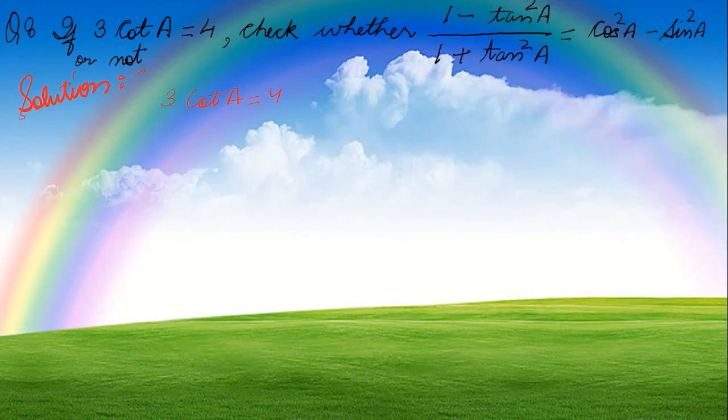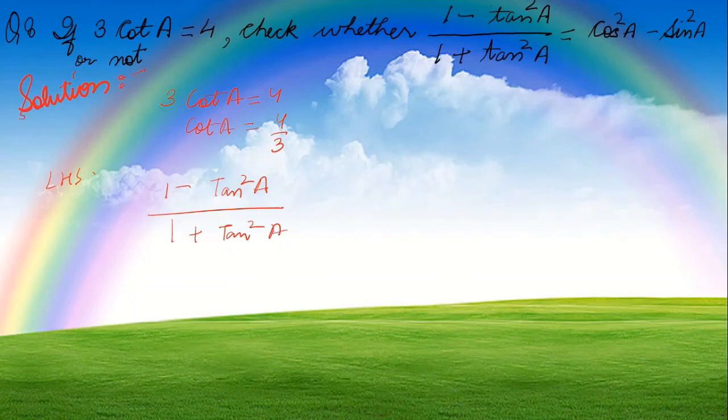Now that means you can write cot A is 4 upon 3. Okay. Now we want to show left hand side is 1 minus tan square A upon 1 plus tan square A.